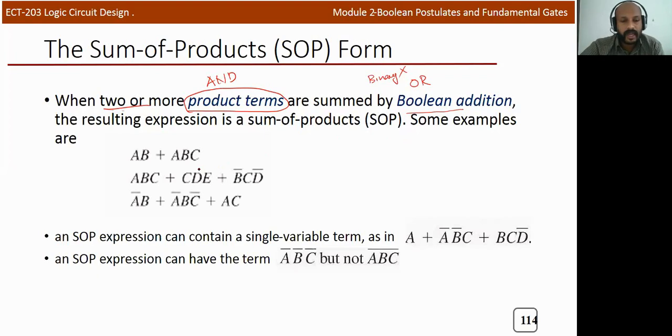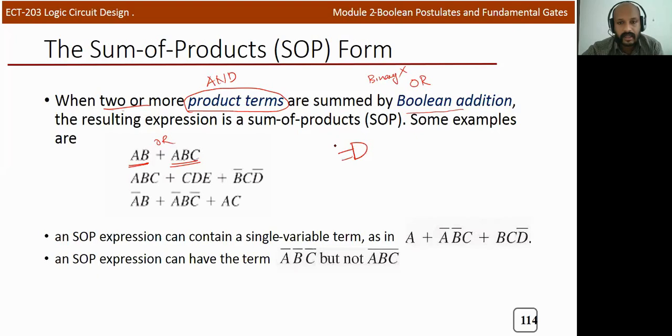So I'll give you some examples. Here you can see it's AB plus ABC. So here you can see one AND expression, and here you can see another AND. These two AND expressions are combined by an OR operation. If you take the logical diagram, it will be like this.